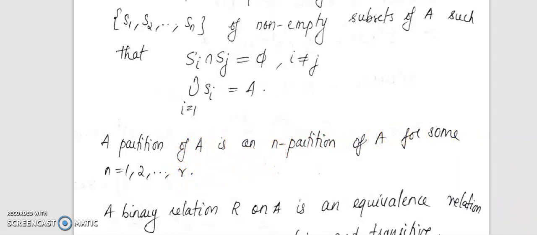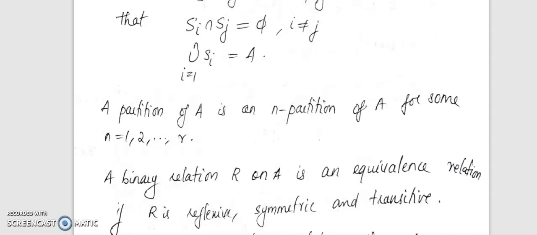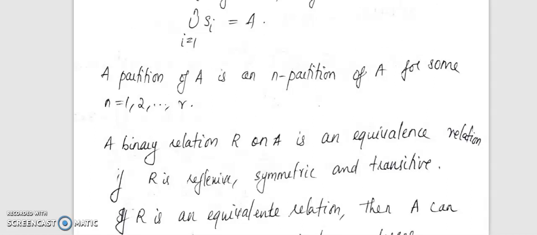And now the concept of n-partition is something similar to the concept of equivalence classes. Given a relation R on a set A, we have seen earlier what are called equivalence classes.